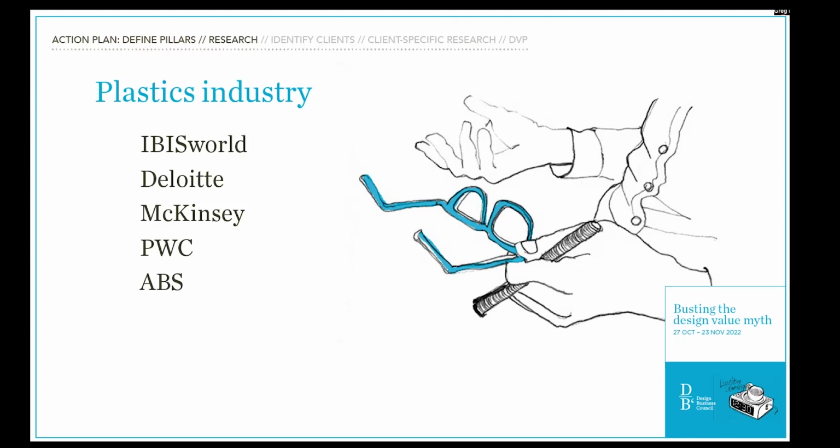Deloitte, McKinsey, and PwC are constantly pitching into industry groups to get business. So what they do is they go out and conduct research in that space, and they publish the research, and that is actually their new business pitch, is that research. It's an amazing source of information about an industry.